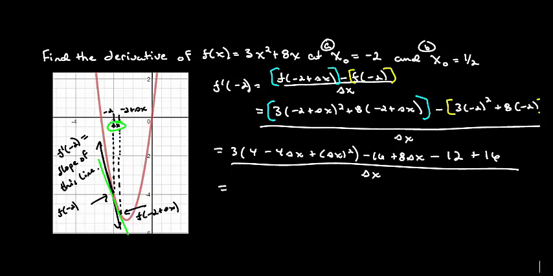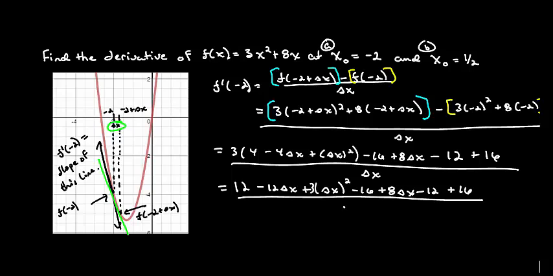So we'll multiply things in. That gives me 12 minus 12 delta x plus 3 delta x squared, minus 16 plus 8 delta x minus 12 plus 16, over delta x. Well, what cancels? This 12 and this 12, this 16 and this 16.